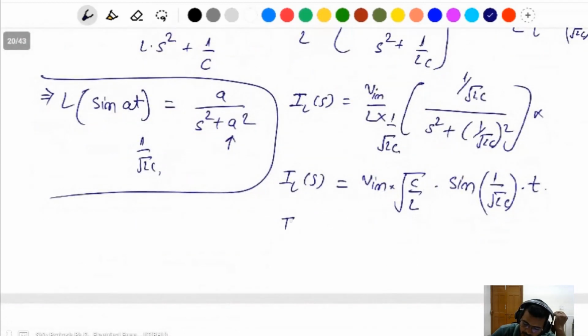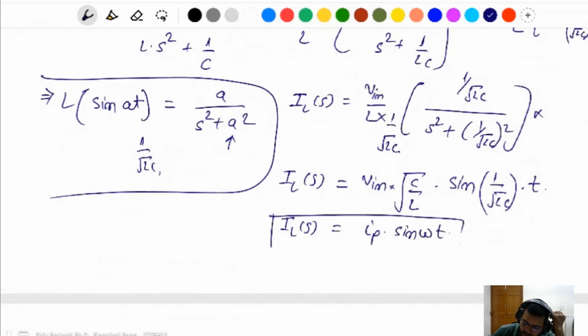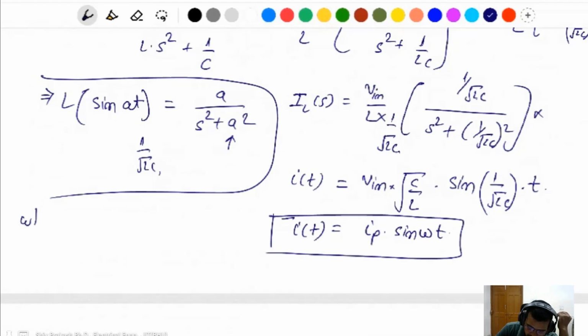You can say IL is V in times root of C by L, which I write directly as IP, times sin omega t. So in the time domain, IP is equal to V in into root of C by L, and omega is equal to 1 by root of LC.